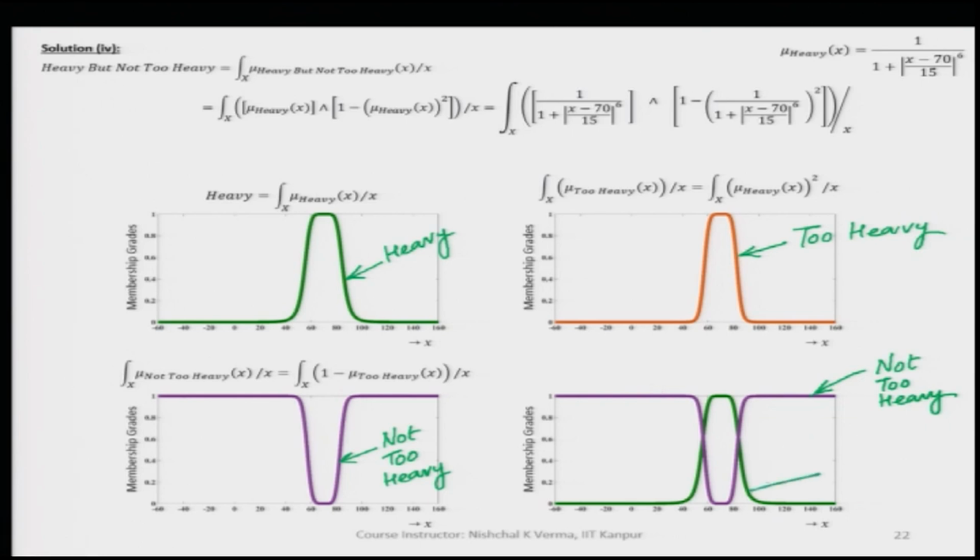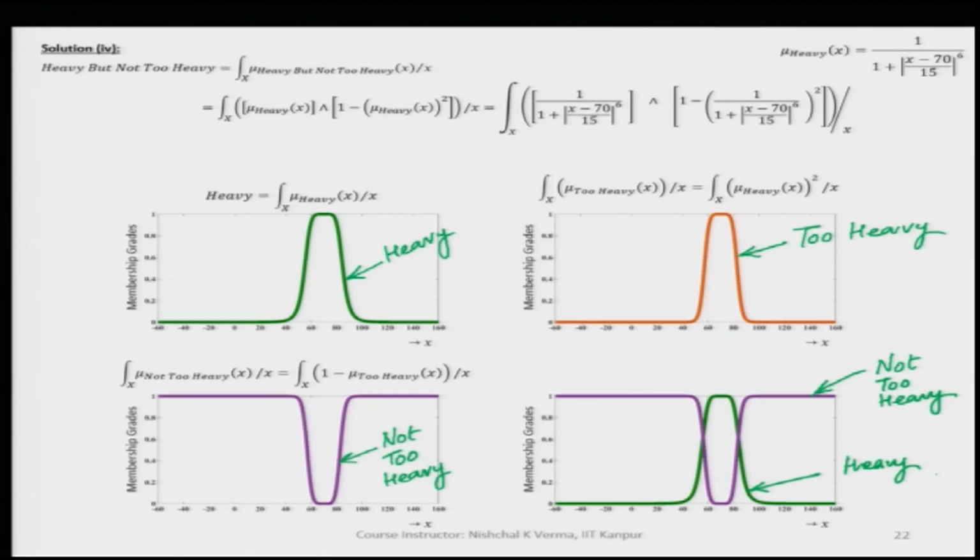We have two fuzzy sets, one for heavy and the other for not too heavy, and when we superimpose both fuzzy sets on each other and take the intersection, we get the resultant as heavy but not too heavy.